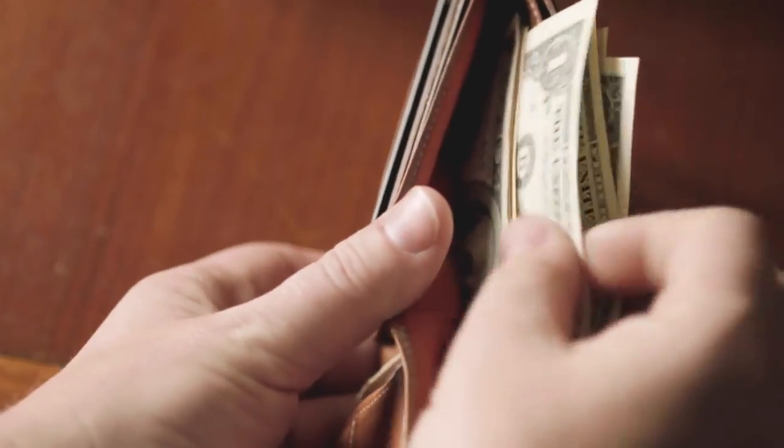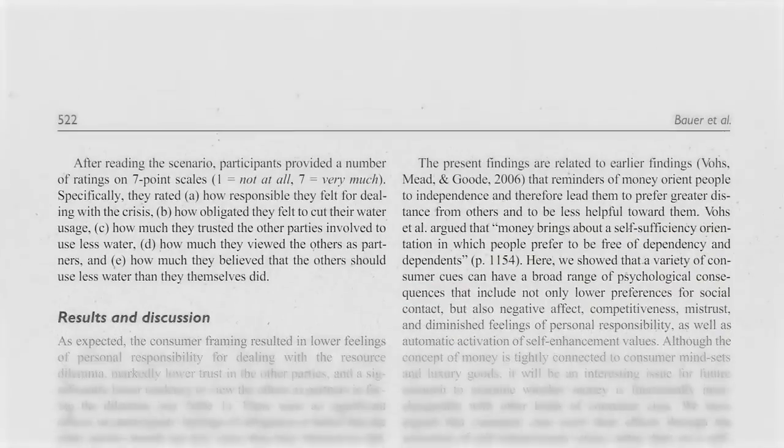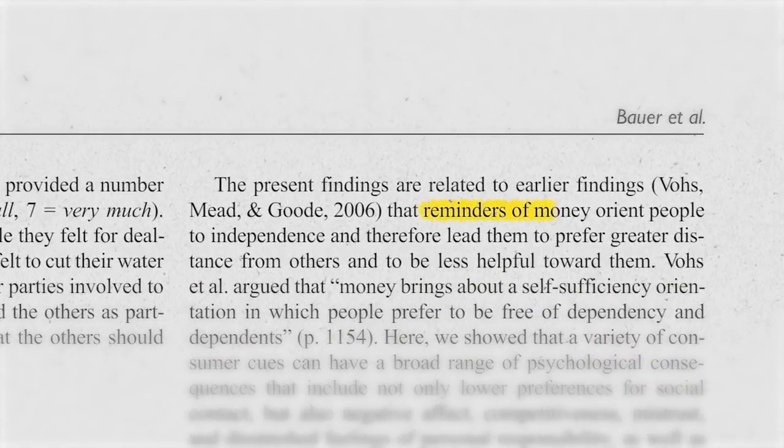Now, the reason for this decrease in generosity is that merely thinking about money makes you less sensitive to the feelings of others and more narcissistic. One study explains that reminders of money orient people to independence and therefore lead them to prefer greater distance from others and to be less helpful towards them.